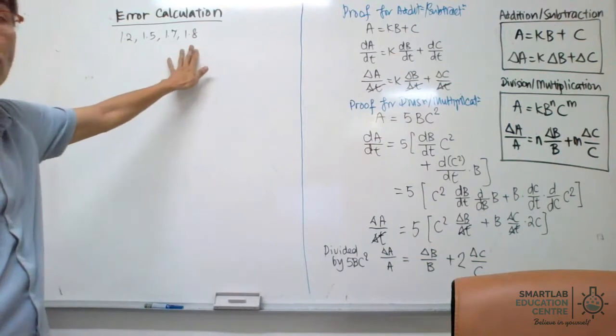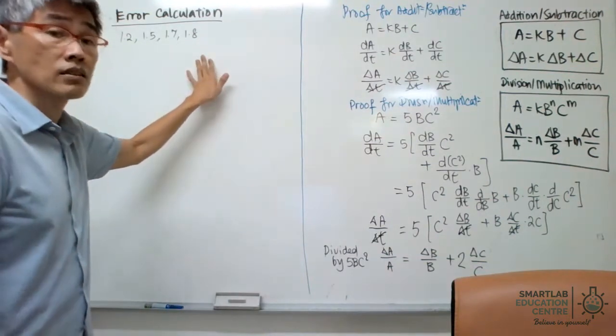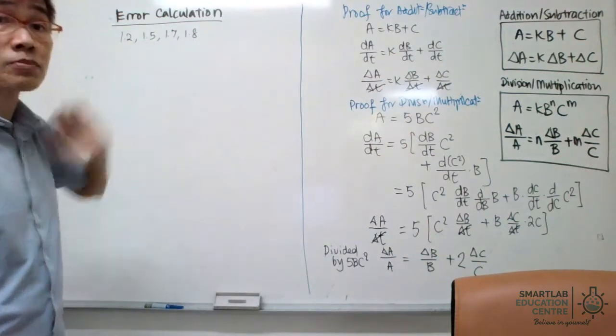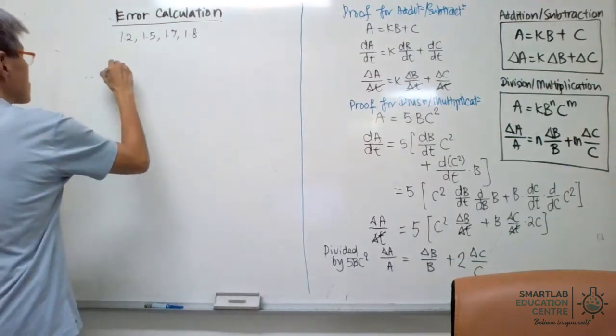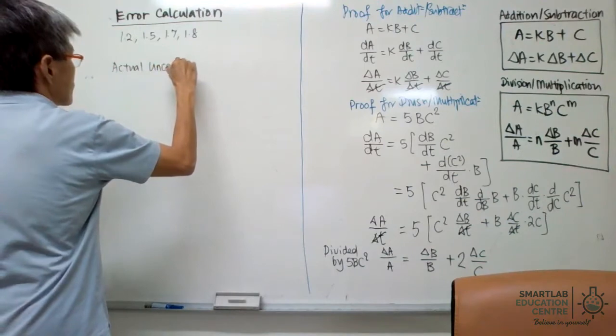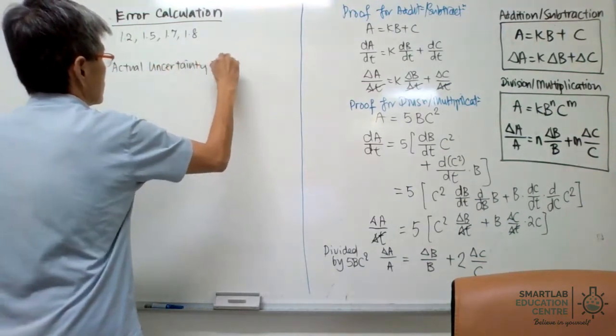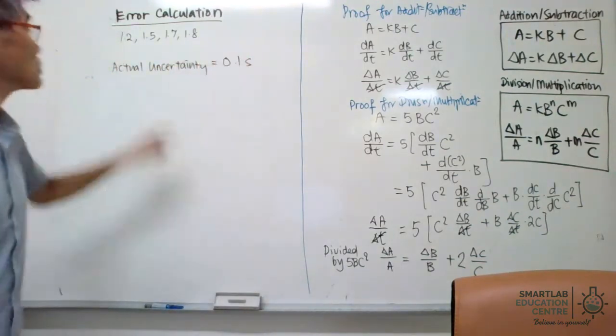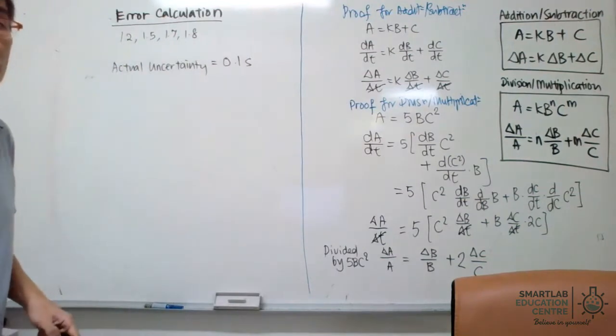So you can record up to 0.1 second in terms of the readings that are displayed here. And hence, because of this, we will say that the actual uncertainty is 0.1 second, all right, because it's measured up to 1 decimal point.